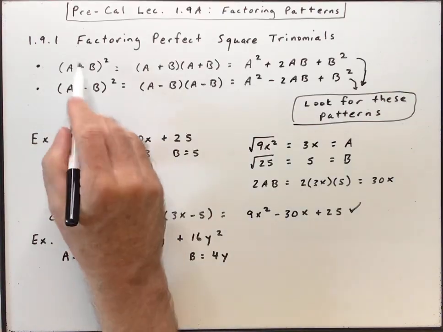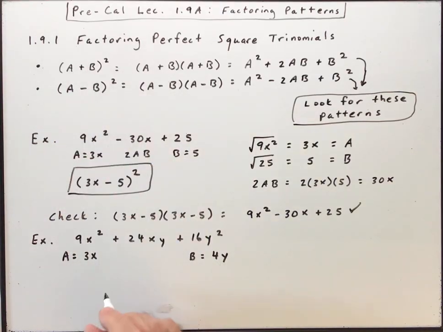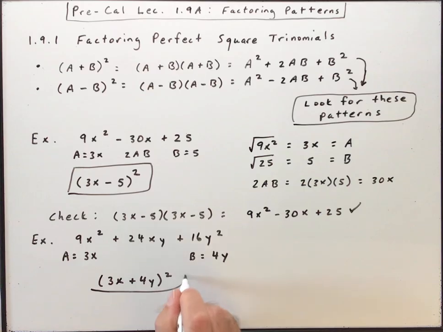So this is going to factor into the first pattern. Since it's all positives, it would factor into (a + b) squared. So that's (3x + 4y) all squared. So just give the a, give the b, and make sure the center term matches what you need, 2ab. And we could FOIL that back out.